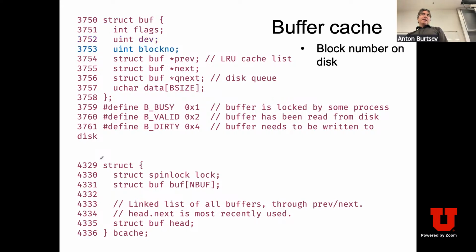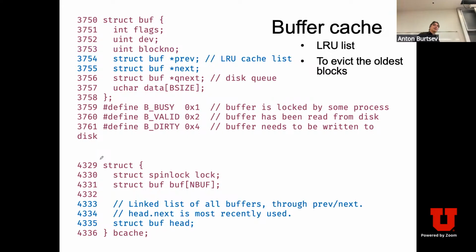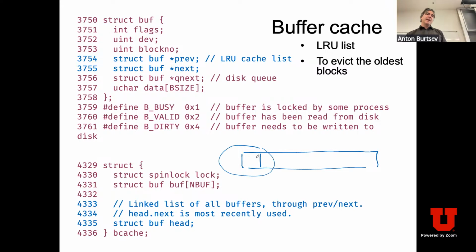Every time we cache a block, every time we read a block from a disk, we remember which block we read, meaning that it can be 77, later on it may be 16 or something like that, right? And we maintain the buffer cache as a least recently used list, meaning every time we read something into a buffer cache, we'll try to keep it for as long as we can.